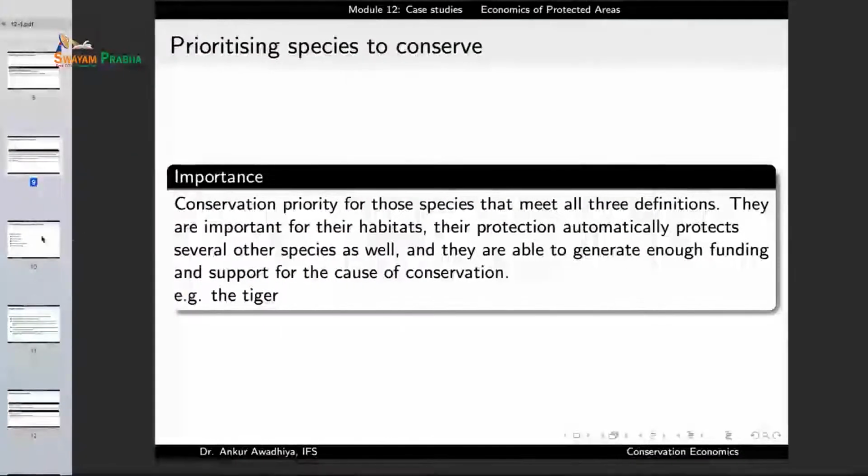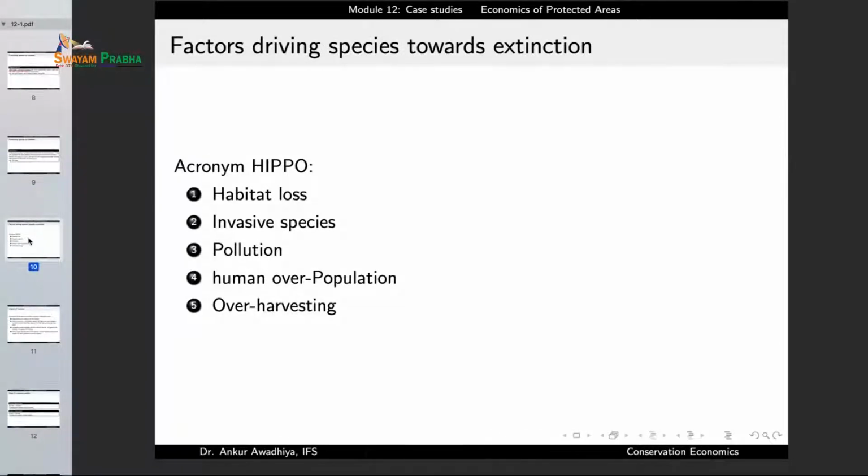Now, in this context, it is prudent to remember why are these species threatened? Why are we doing this conservation at all? Why are we setting up these protected areas? So we had seen earlier that there are a number of factors that lead a species to extinction. So there are factors that act at large population sizes, and there are factors that act at smaller population sizes.